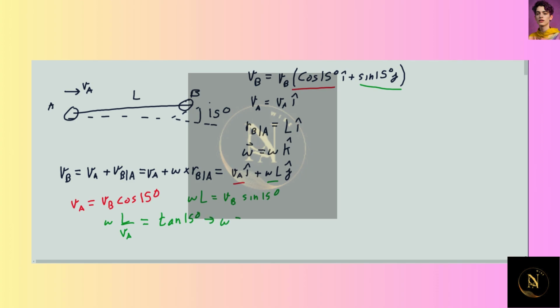In other words, omega equals VA over L times that tangent. And if I put all the numbers in here, or that tangent in here, which is the only numbers we have, we get a 0.268 VA over L. And this will be in the counterclockwise direction because B is rising, so that means we're going to rotate counterclockwise.